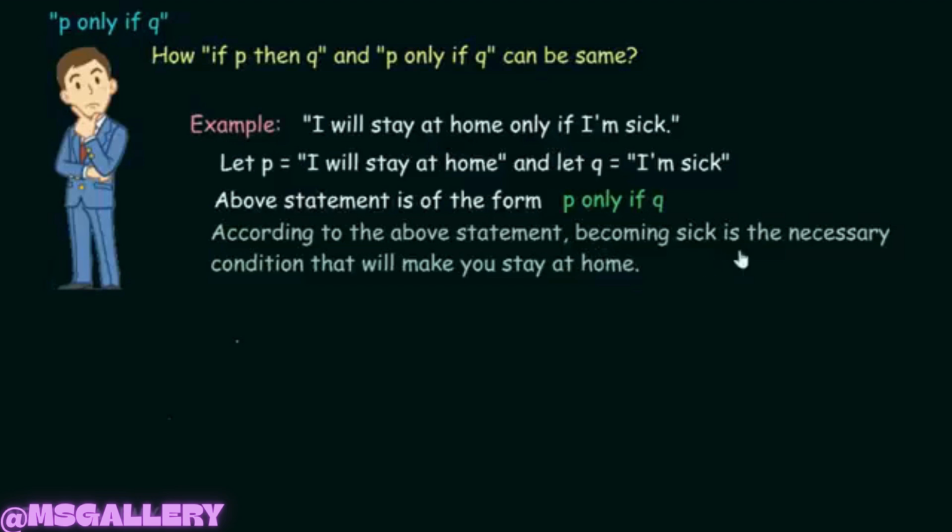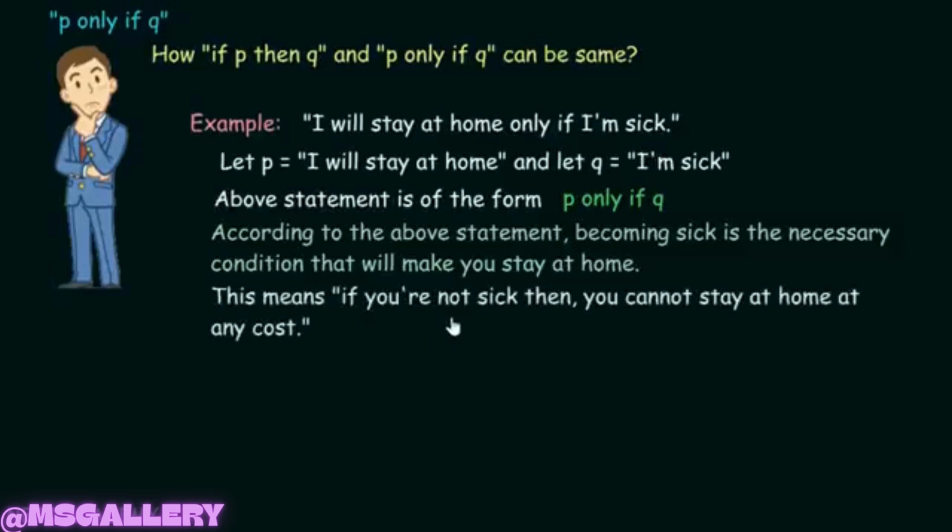We can say this in other words as well: if you are not sick, then you cannot stay at home at any cost. From this statement, we can conclude that if you are not sick, you cannot stay at home in order to make this compound proposition true.